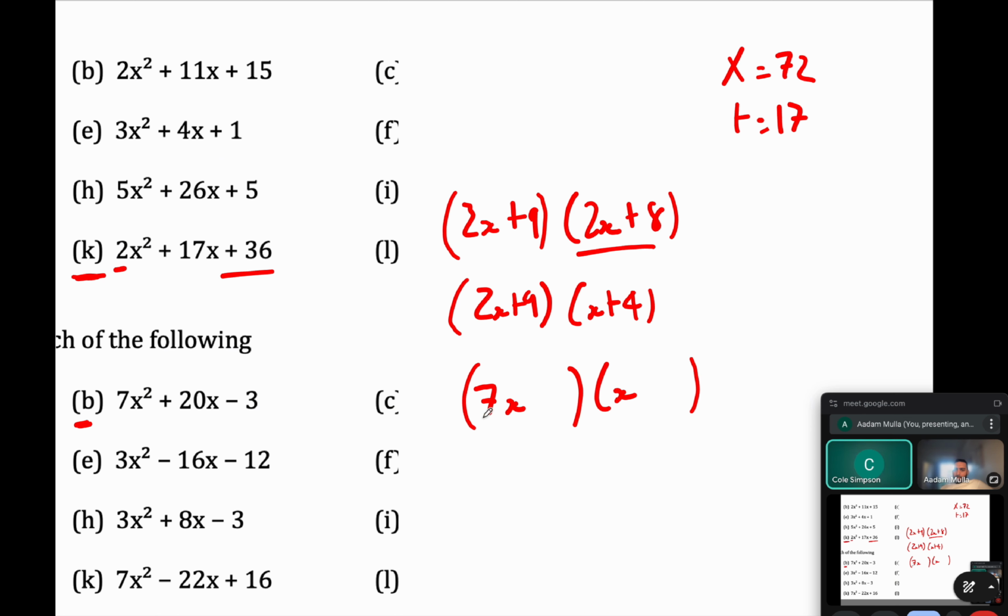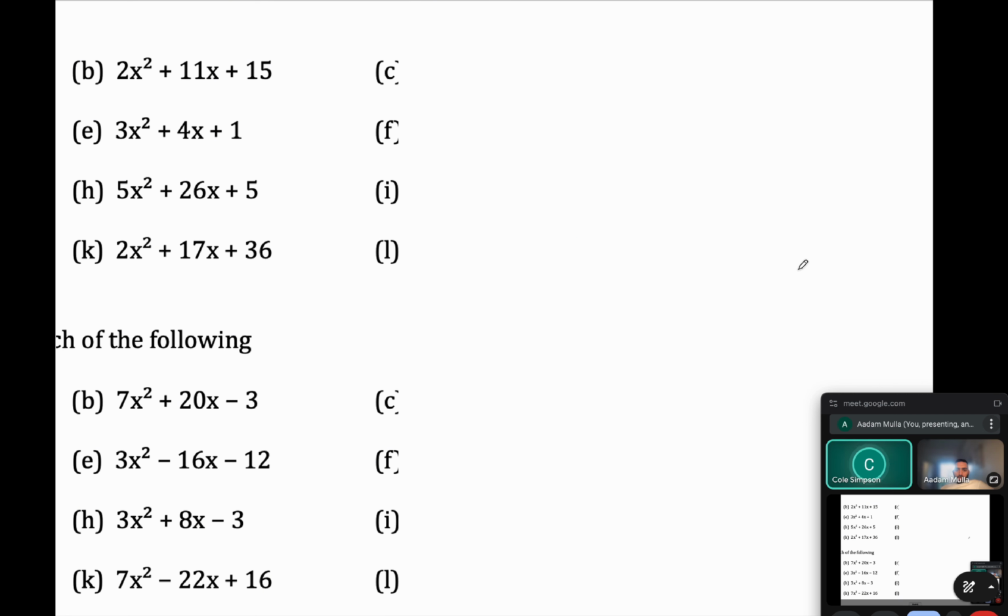I can't work out what to do after I got minus 21. So they multiply to make minus 21, what do they add to make? 20. Yeah. What would they be? Think about your factors of 21. What are your factors of 21? 7, 3.